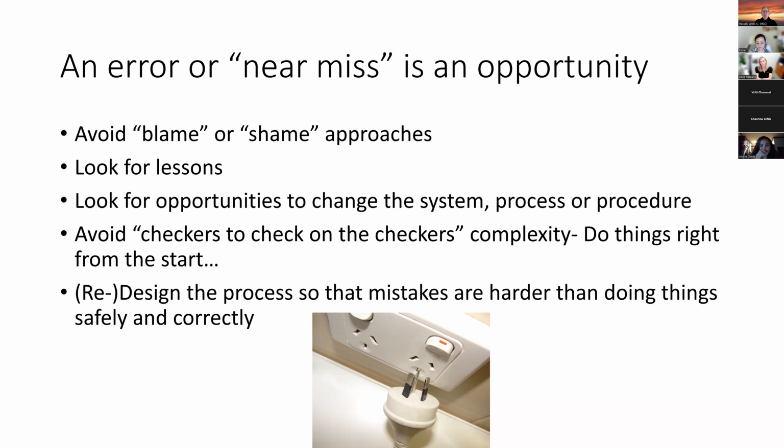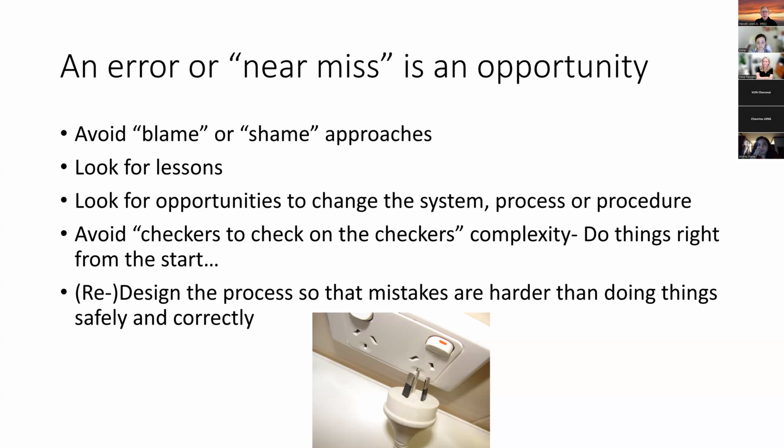And finally, you want to be able to design your processes so that mistakes are harder to do than doing things the right way. An example of that for me is how these three-pronged plugs are designed. If you look at a three-pronged plug, either in the English Western system or in the 220 system, there is only one way that plug can go in the socket.